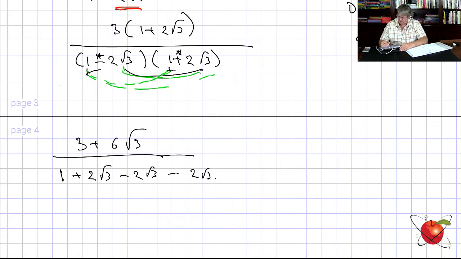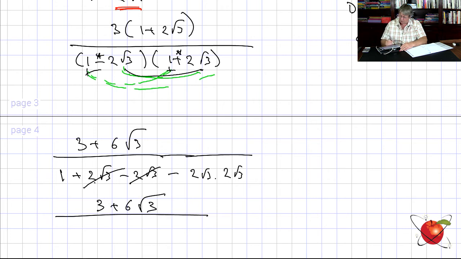2 root 3 times 2 root 3. Okay. What is this going to give us? It's going to give us 1. The plus 2 root 3 minus 2 root 3 is cancelling out, isn't it? That's going to be 3 plus 6 root 3 all over 1. What is this?